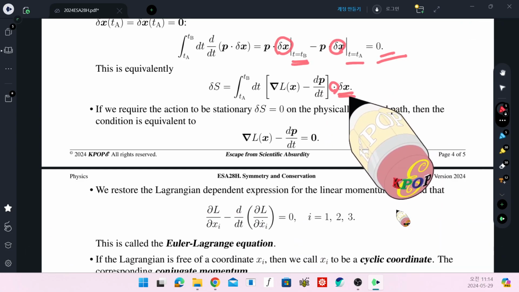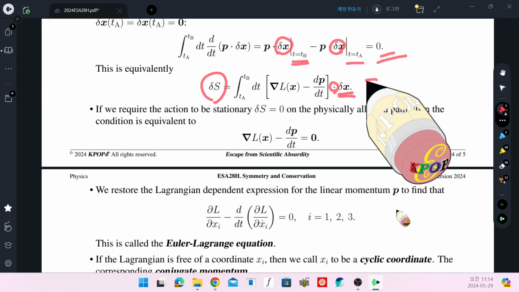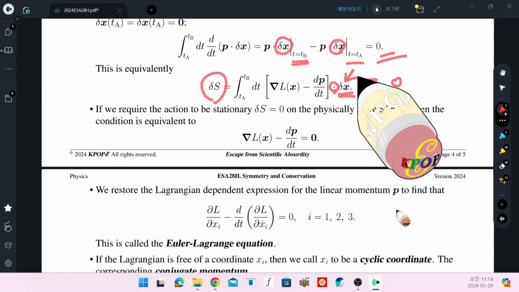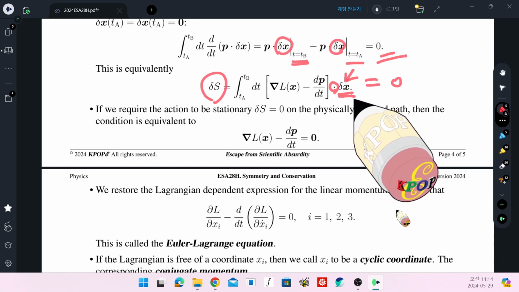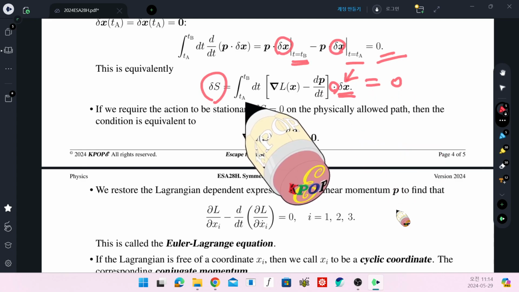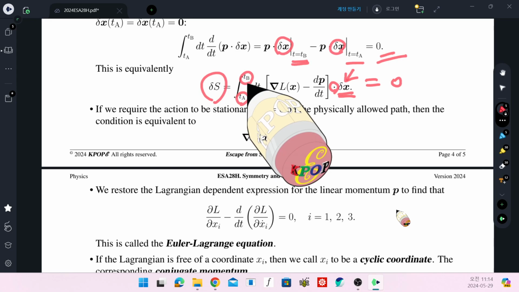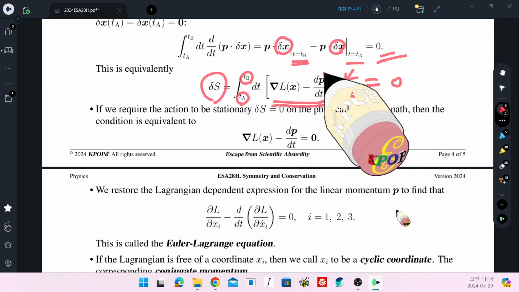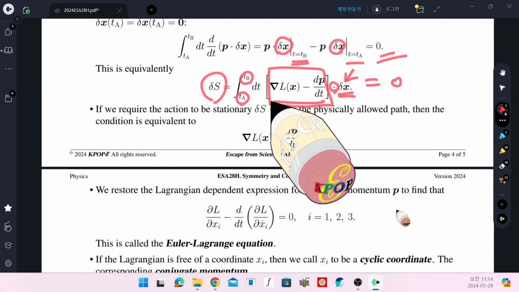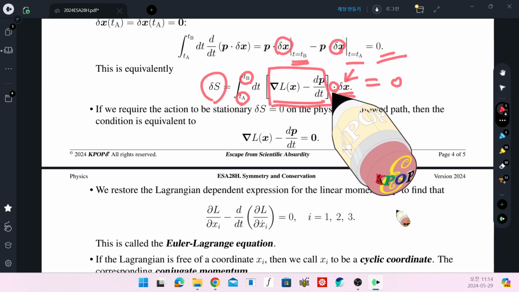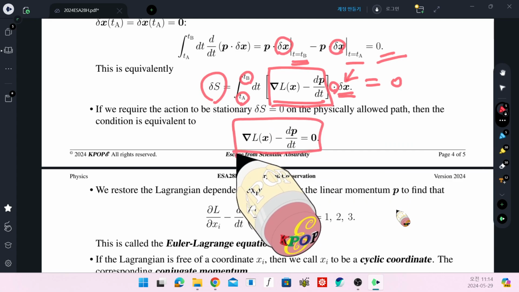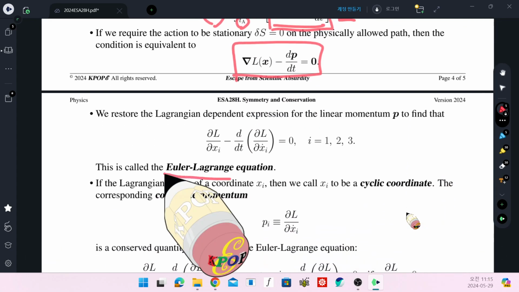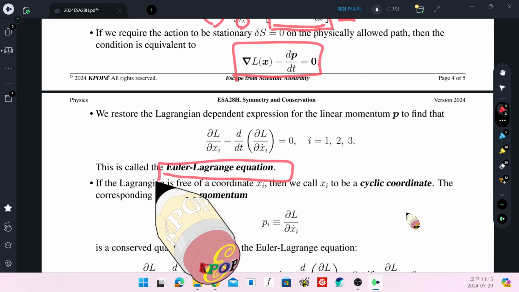Now we have found that this delta S must be 0 to order delta for any arbitrary variation that keeps the endpoints the same. That is possible if and only if the vector inside the brackets is the zero vector. That is called the Euler-Lagrange equation.